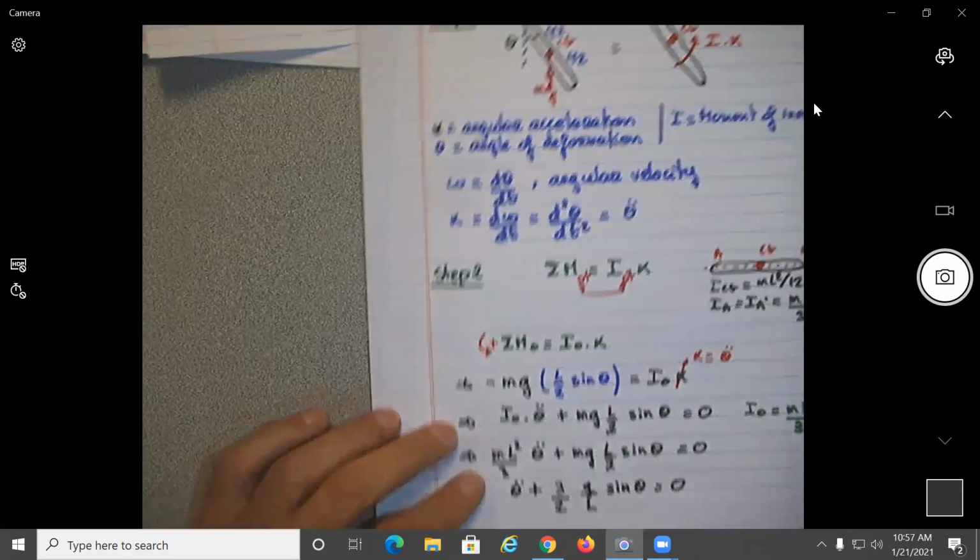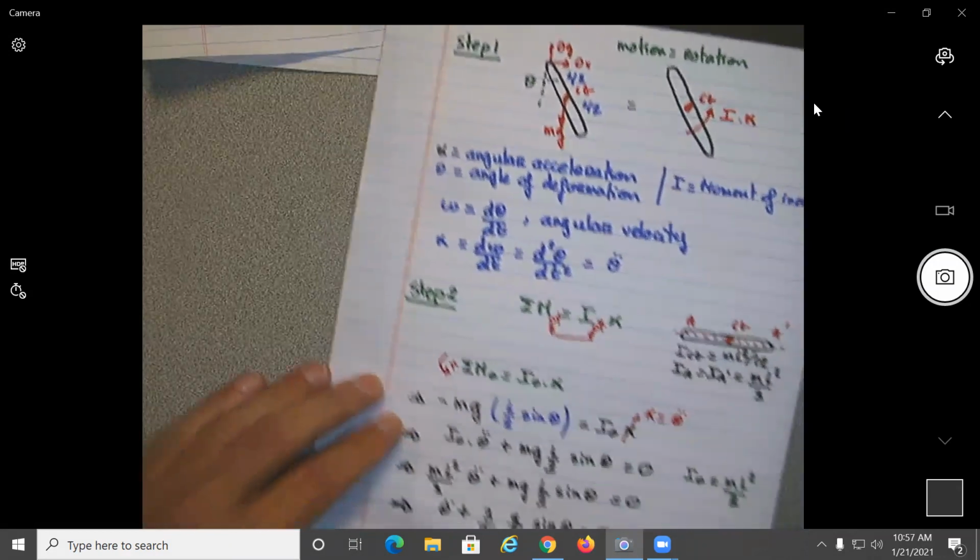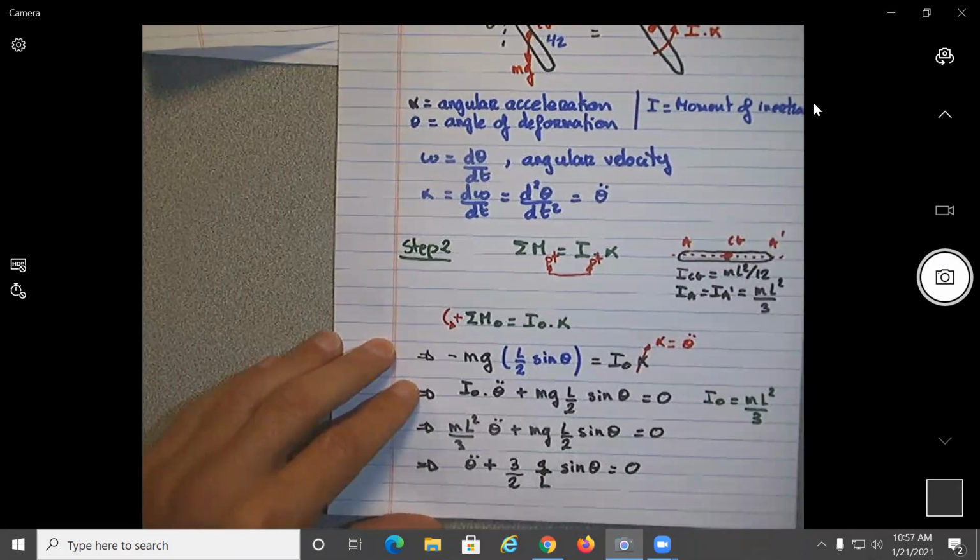I'm going to be quick now, but I just want to make sure I finish. Two or three more lines, I'll be done.